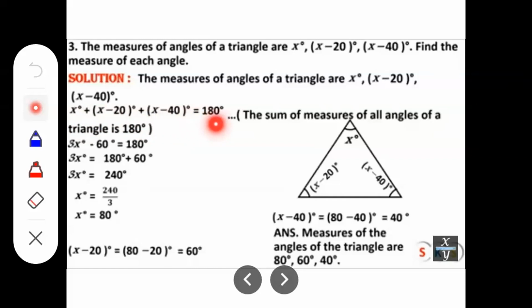Now let's add all x. So this is 1x, this another x, and this one is x. So 1, 2, 3x. The coefficient of each x is 1.